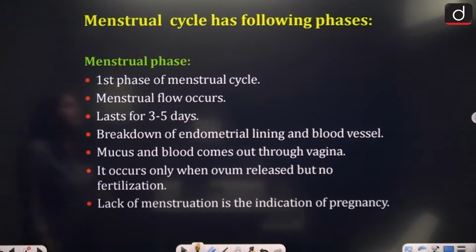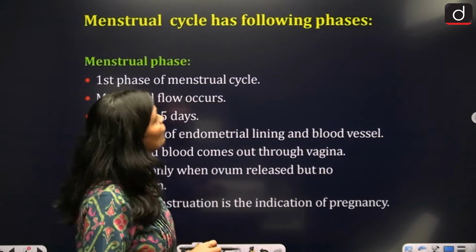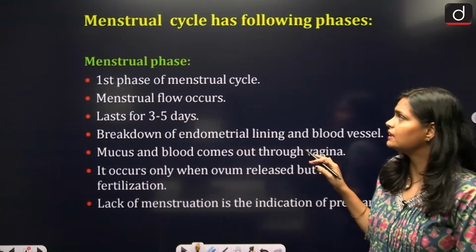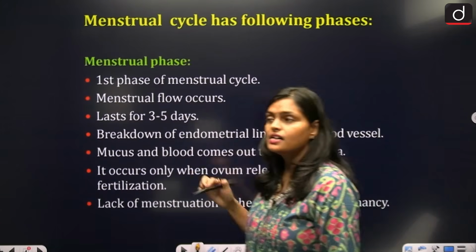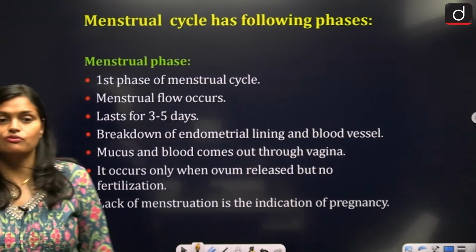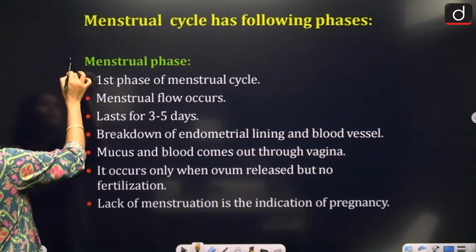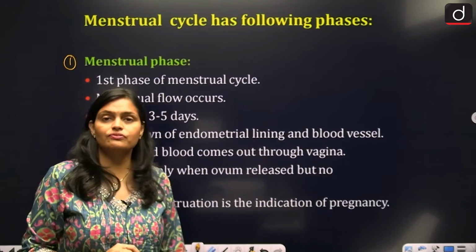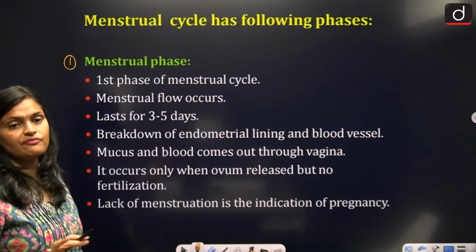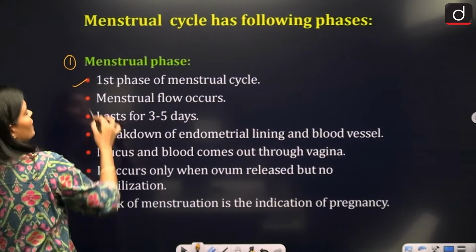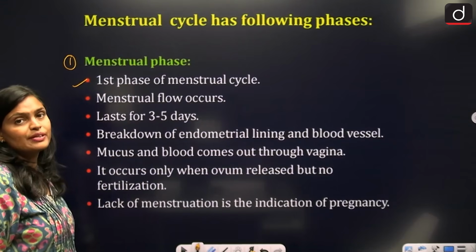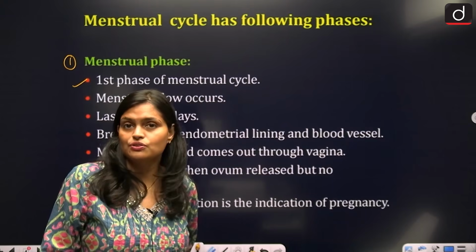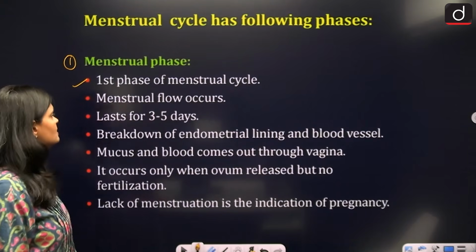Now the menstrual cycle basically has the following phases. What are the following phases of the menstrual cycle? Number one, the menstrual phase. The menstrual phase is the first phase of the menstrual cycle.